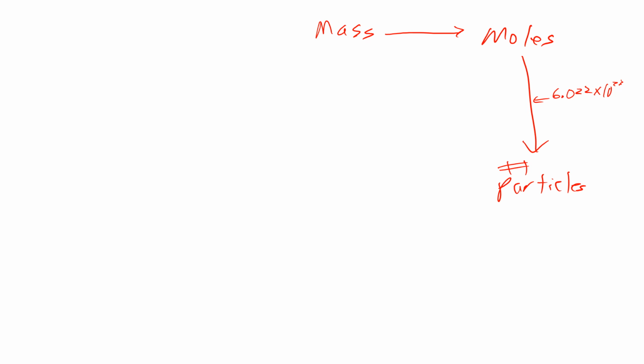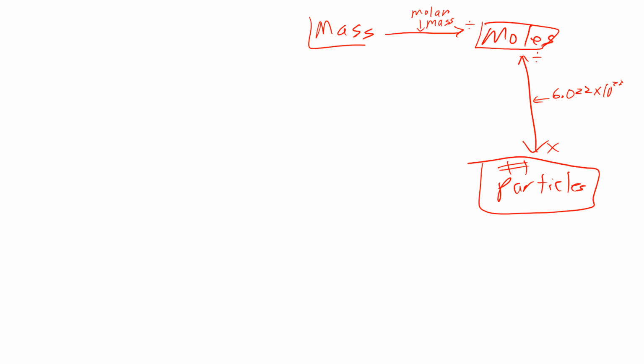Up here we need the molar mass as conversion factor. Molar mass of that substance. Division signs going to the moles. Multiplication signs going away from the moles. I like boxes around these. It makes it look a little nicer. Okay, and remember, if we have the mass or the moles or the number of particles, you can find out all the other ones. We're always starting with mass here.